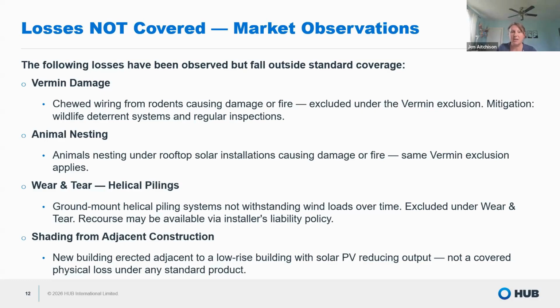Animals nest, that can also cause fires. Not just the chewed wires piece, but building a nest actually within the confines of a solar array can lead to overheating, and just cause issues with the solar array. Having a nest underneath can also lead to vermin not chewing the wires, but chewing through a roof.